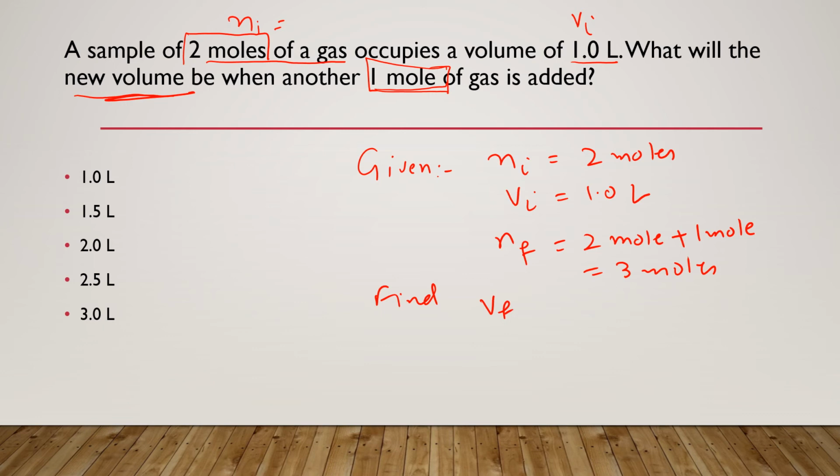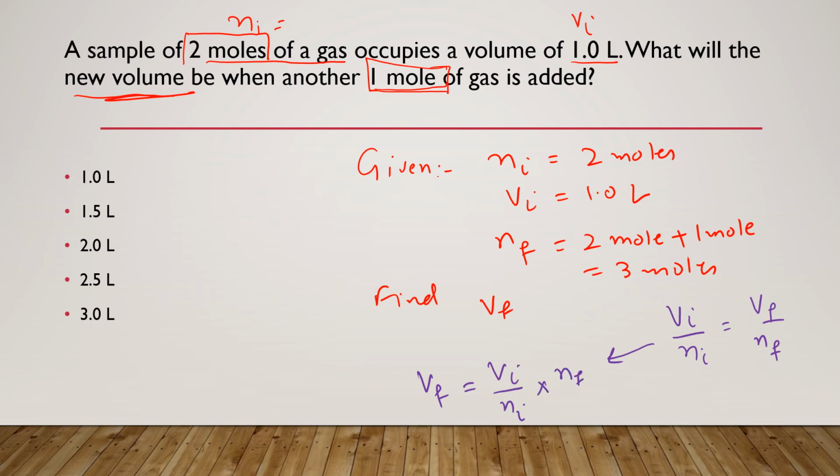According to Avogadro's law, V initial divided by N initial is equal to V final divided by N final. Let's reshuffle the equation so that we get V final on the left-hand side. So V final will be equal to V initial divided by N initial multiplied by N final.